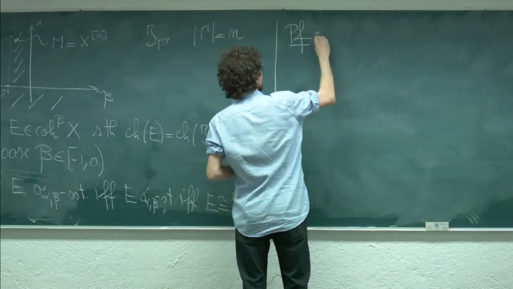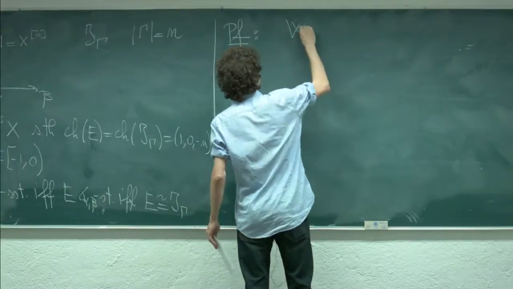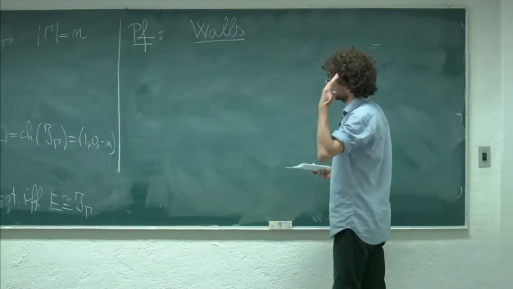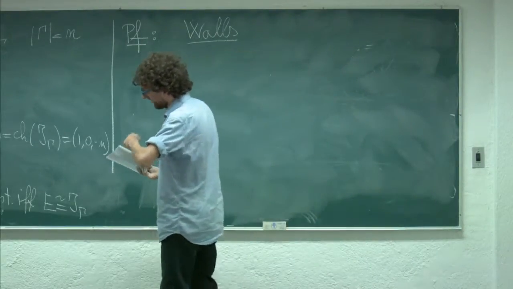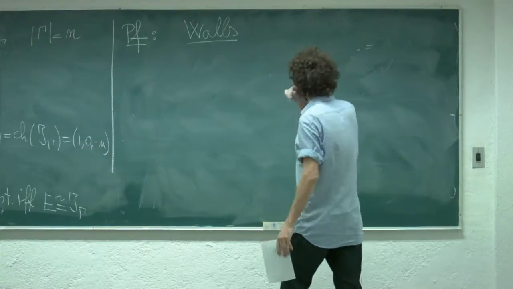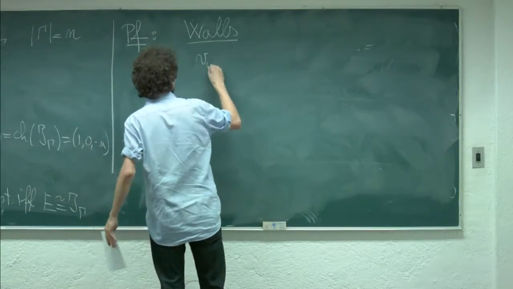The first thing I have to tell you about is walls. We already said what walls are. A wall is where I have an object which is semi-stable on one side, and it crosses the wall and becomes unstable. And what I'm doing is fixing my v0 as before.